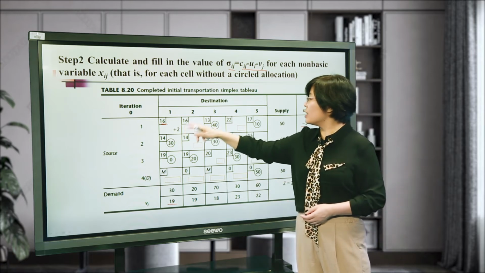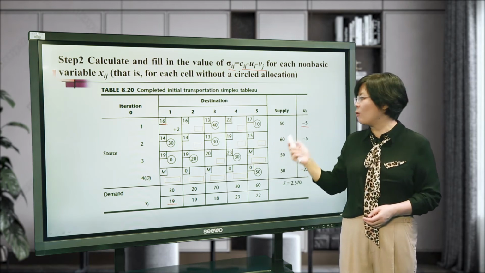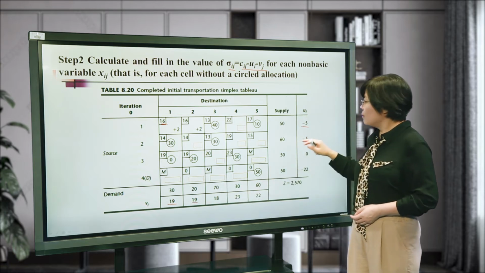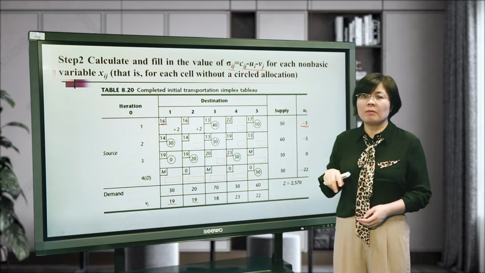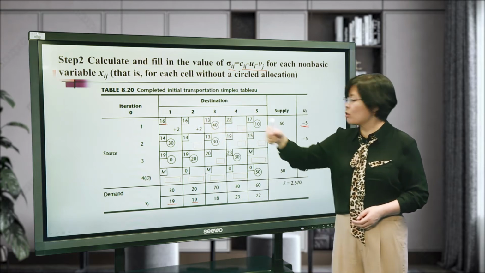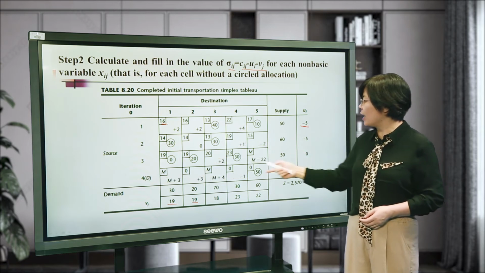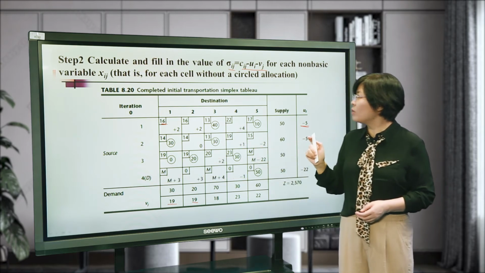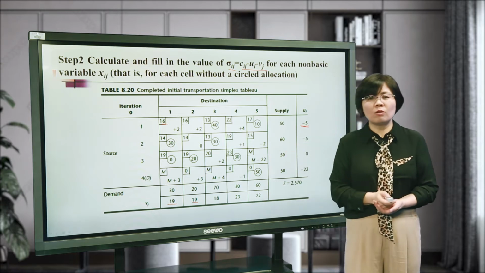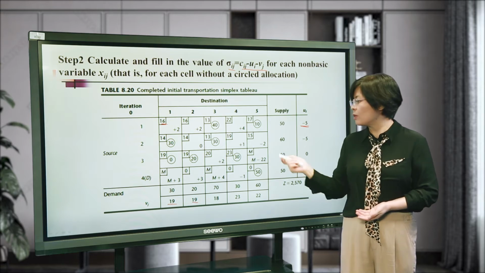This is the sigma ij for the non-basic variable x11. Similarly, 19 plus is 15 and 16 minus 14 is 2. Similarly, it's 0, and then we can fill in all the cells without a circled allocation, that is, the non-basic variables.